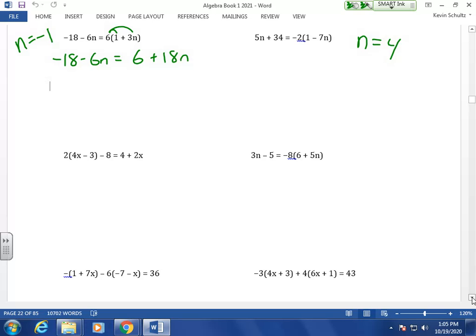No, maybe it's just one little thing. Maybe you only distributed to the first term and not the second. And if you'd done that on all the rest of them, you'd have gotten them correct. So identifying where the error is important so that you know what to focus on. It might not be that you don't understand anything. It might just be one little piece.